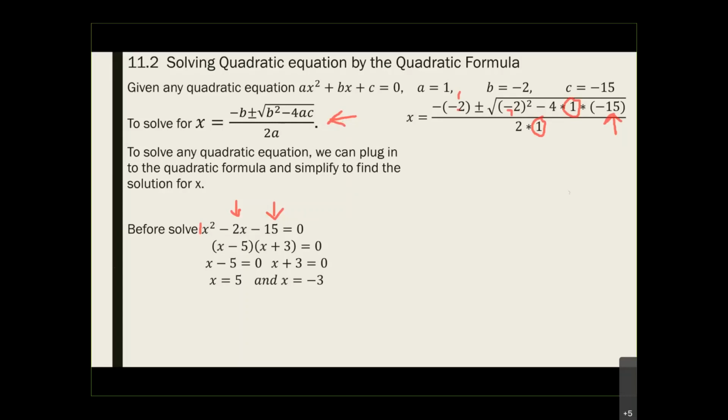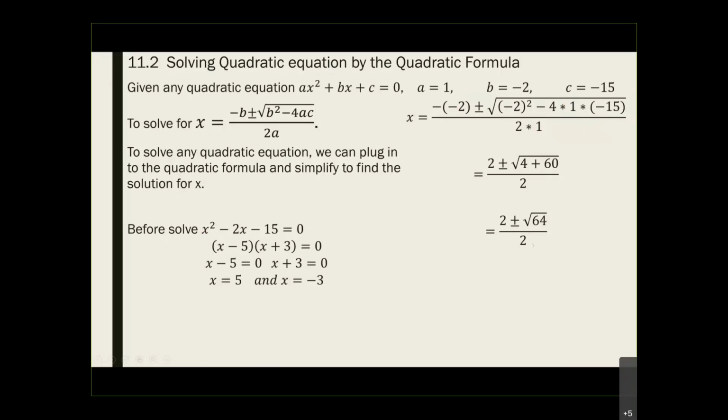Once I have this, everybody see that a negative and a negative becomes positive. Square root of, -2 times -2 is 4, and -4 times -15 is 60, all over 2 times 1, which is 2. So I have 2 plus or minus the square root of 64.